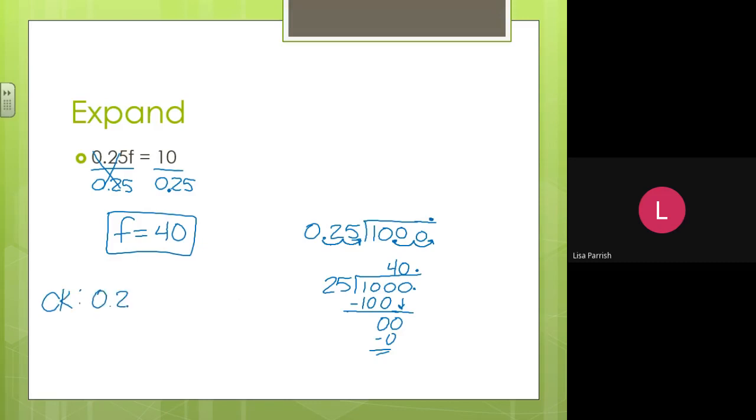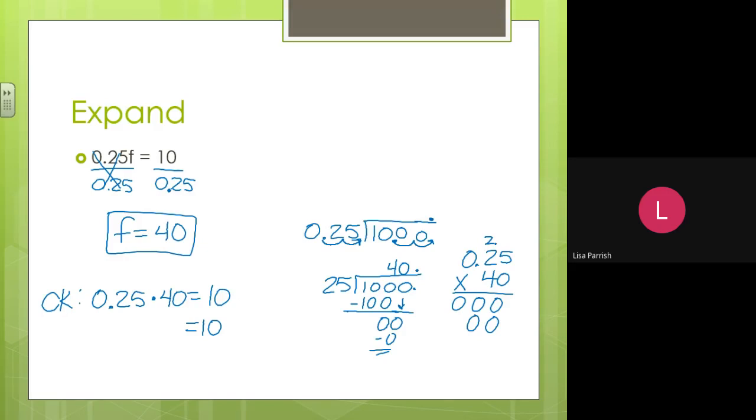So I've got 25 hundredths times 40 is supposed to equal 10. Okay. Let's see if it equals 10. So again, I'm going to have to go to the side. I'm going to have to multiply this time to check myself. Okay, 0 times 5, 0 times 2, 0 times 0. So I've multiplied the 0 first. When you get to the second row, drop a 0. 4 times 5 is 20.